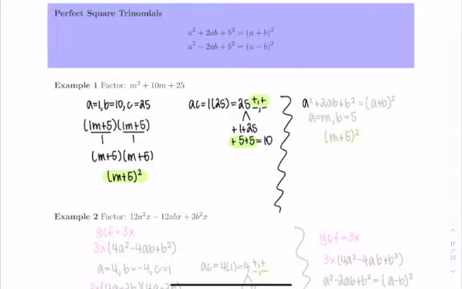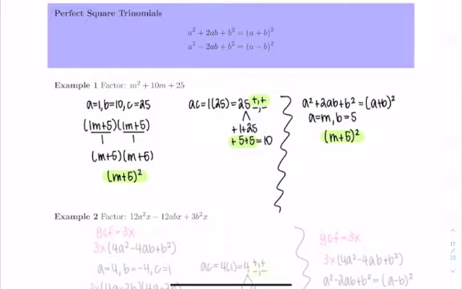And so using the fact that this is in the form a squared plus 2ab plus b squared, which will turn into a plus b squared, our a is just m, and our b would be 5, because 5 squared gives me 25. And so plugging this into the formula, I end up with m plus 5 squared, which is the same thing I got with the other method.